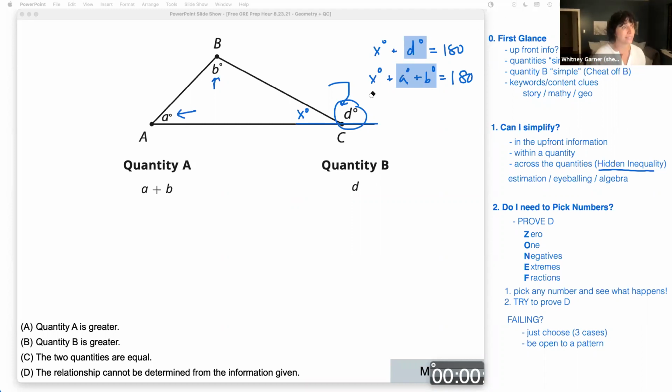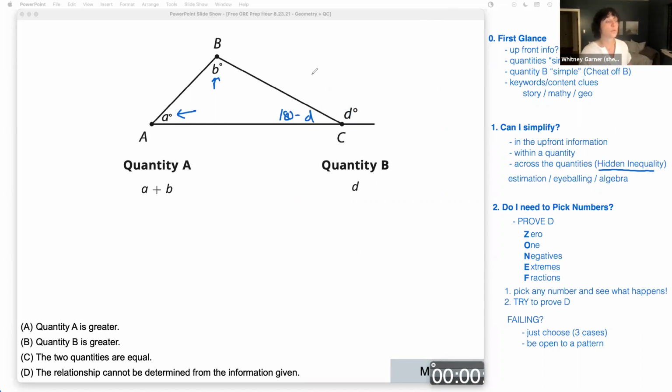What we could do instead is go back to that first step and make this missing angle 180 minus D. So here's what I know. I know that A plus B plus 180 minus D, if I add all those angles up, will give me 180 degrees. From there, I'm going to subtract 180 from both sides.